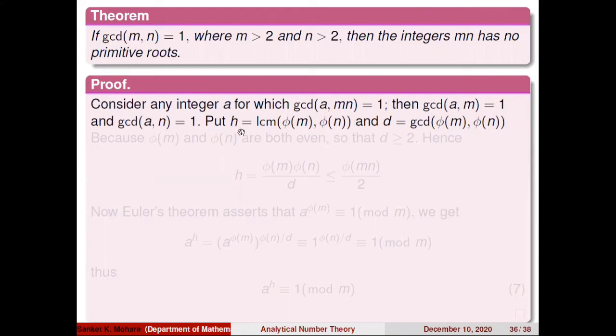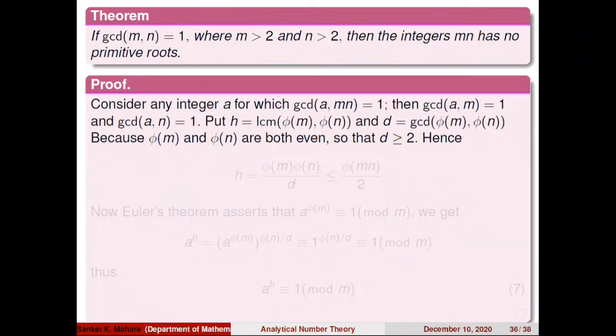Now put h equal to LCM of phi m comma phi n. Phi means Euler's function. So put h equal to LCM of phi m comma phi n, and d equal to GCD of phi m comma phi n, because phi m and phi n are both even. Why?